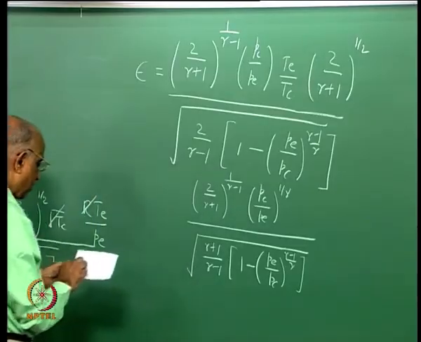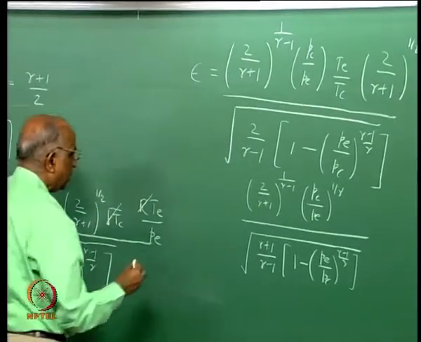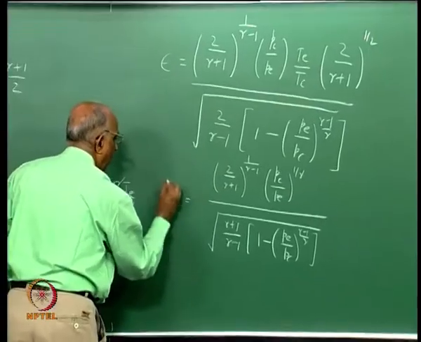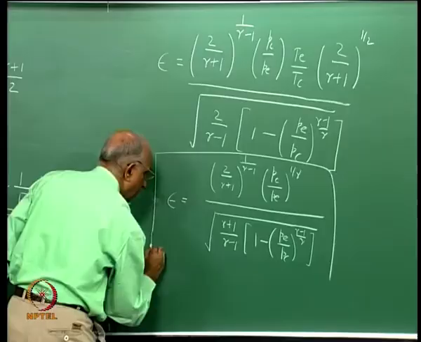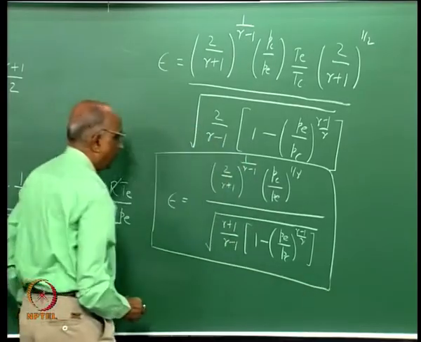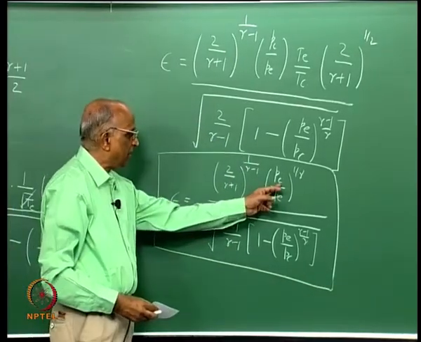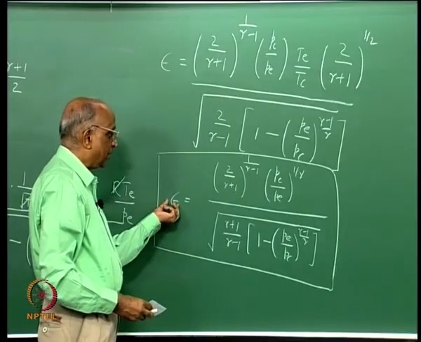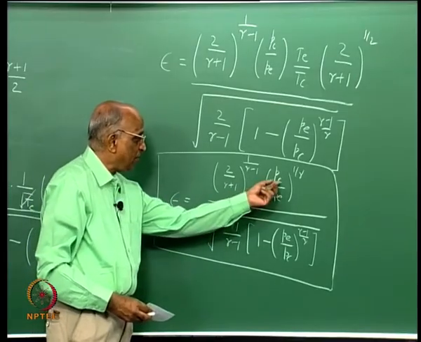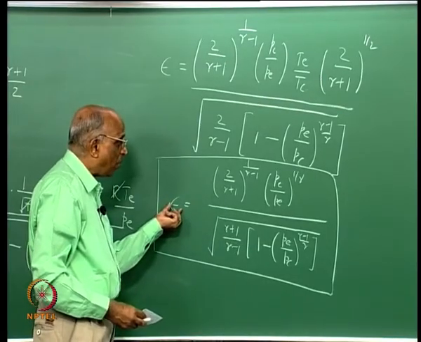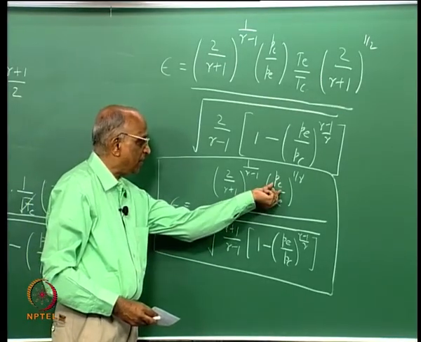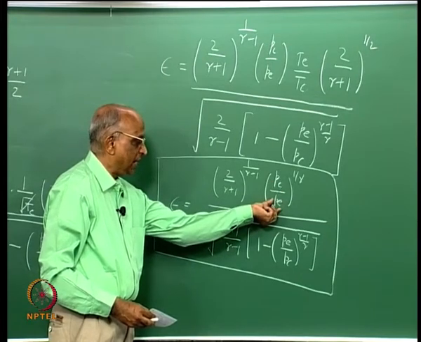What does this expression tell us? This expression tells us that the area ratio of a nozzle can be given by this particular expression, and as the ratio of Pc by Pe increases, the area ratio increases, which can come about either by increasing the chamber pressure or by decreasing the exit pressure.